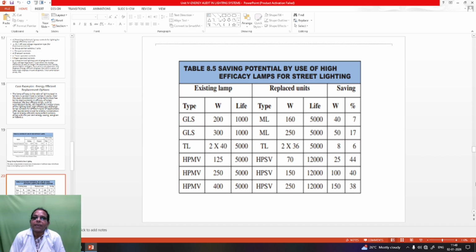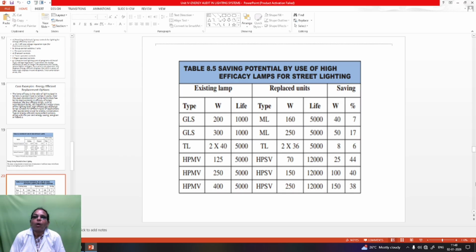It is replaced by HPSV 70 watt, the lifetime is 12,000 hours. Saving is 44%.